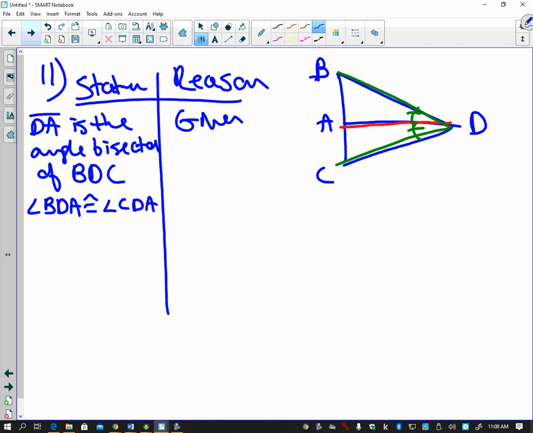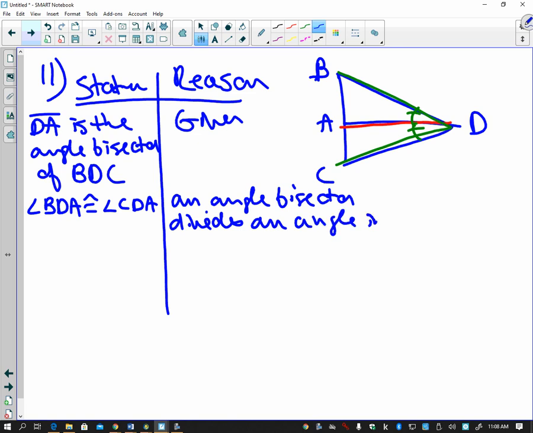And my reasoning is this: an angle bisector divides an angle into two congruent angles. I have to say that. I can't just say BDA is congruent to CDA without drawing from that first given.